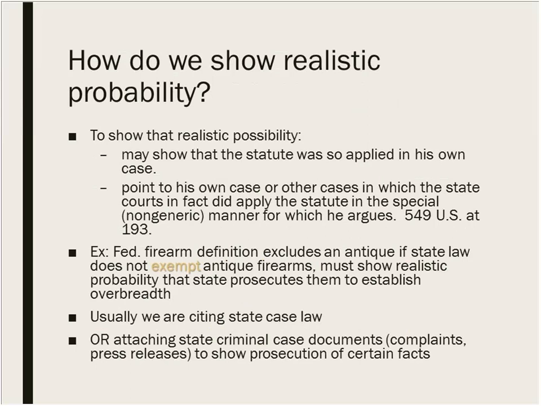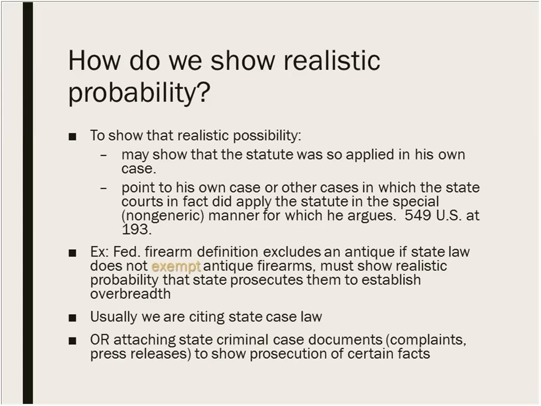The Supreme Court says, first of all, you can show that the statute was applied in that manner in your own case. So in the controlled substance example, you could show that your client was actually convicted of possessing a substance that was not federally controlled. That's maybe not going to happen very often, but it could be possible, so look out for it.